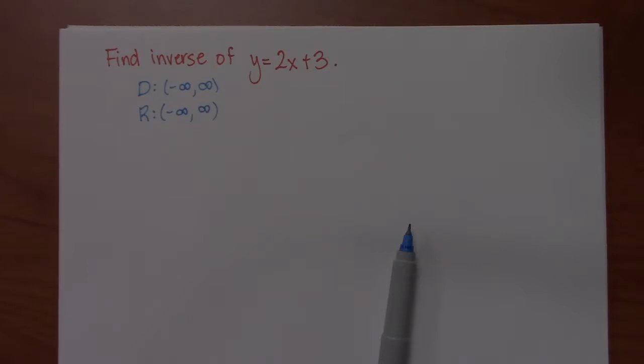Furthermore, since we visually saw this as one-to-one, every single one of those values in the domain will correspond to exactly one value in the range and vice versa.